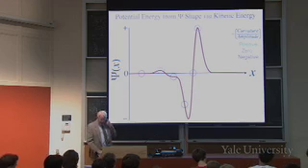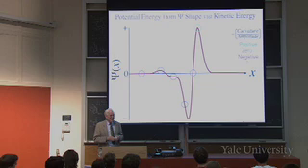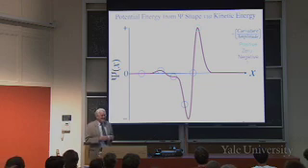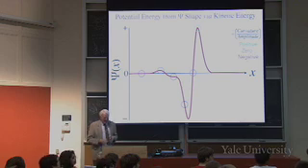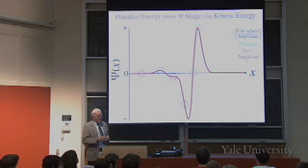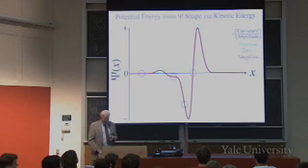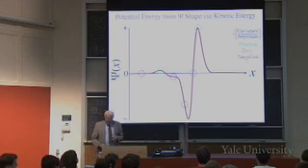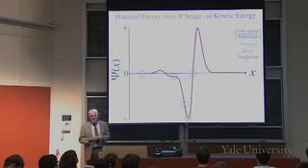Okay, here's another one. Who's going to help me here? Kate? Yes. Okay, so how about the curvature? Curving up, curving down? It's curving down, that's negative. Amplitude? It's positive, so it should be green. Green again. Okay. How about here? Now how about the curvature?